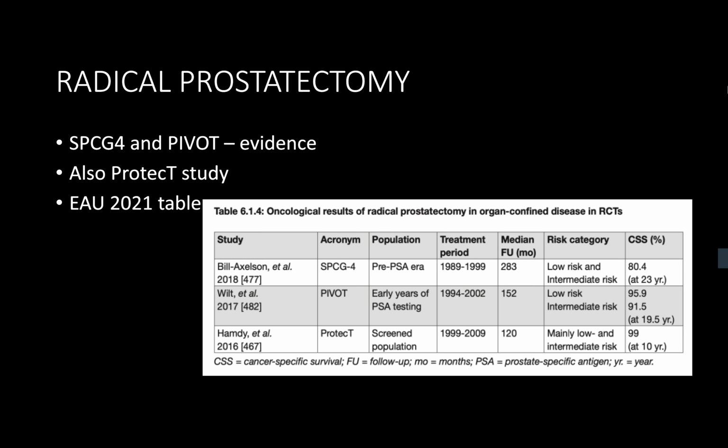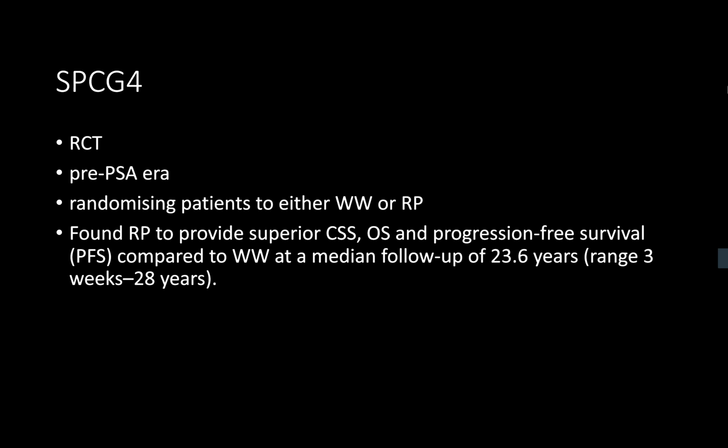PIVOT included low and intermediate risk groups showing cancer specific survival 95.9%, and PROTECT, which included a screening population also mainly of low and intermediate risk, showed cancer specific survival 99% at 10 years for radical prostatectomy. So there are good studies to prove that radical prostatectomy has good cancer specific survival.